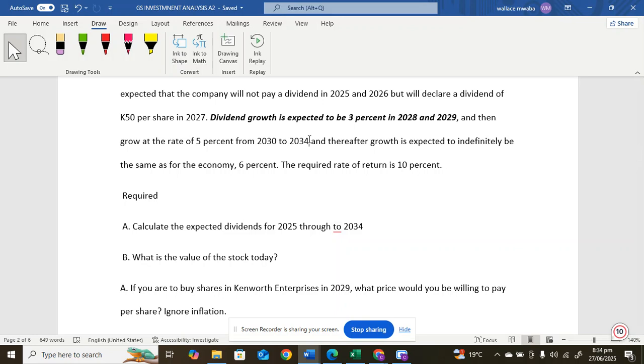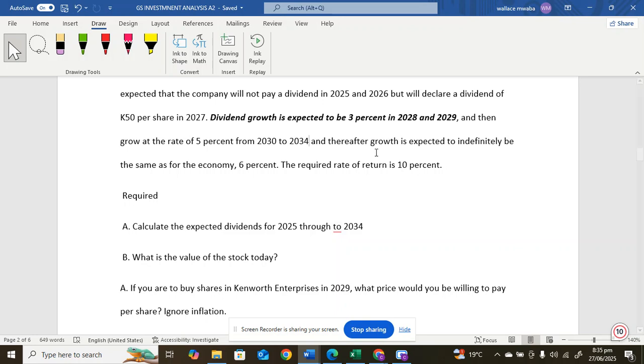So for all those years after 2034, we also have to account for those dividends. With the growth phase model, the terminal value comes in, right? The terminal value is the one that's going to account for the dividends after 2034.